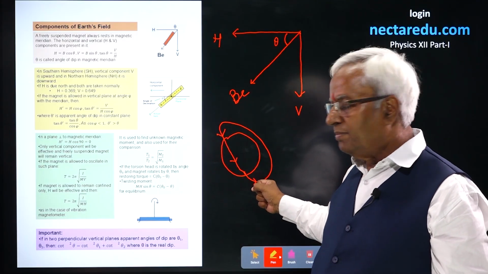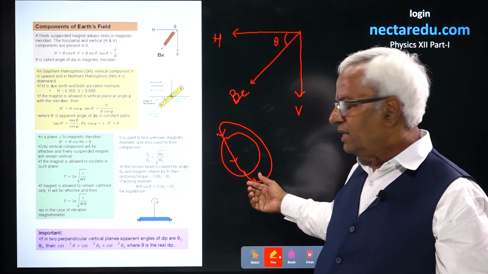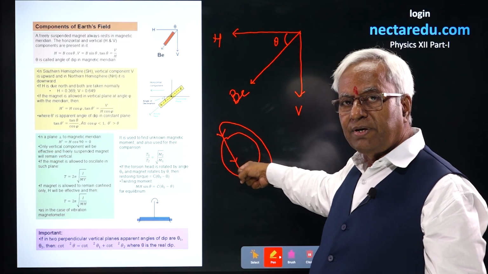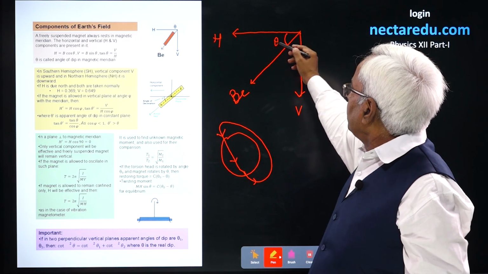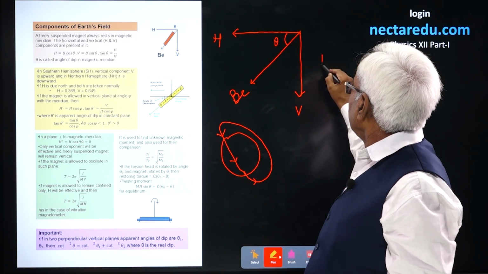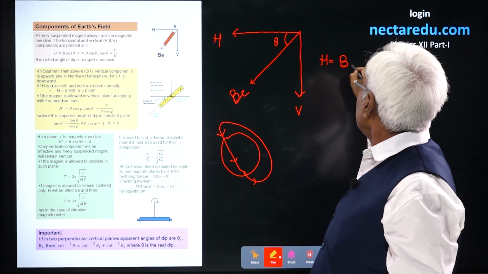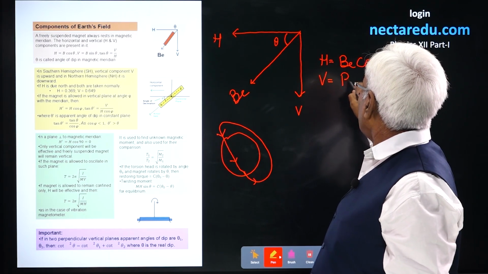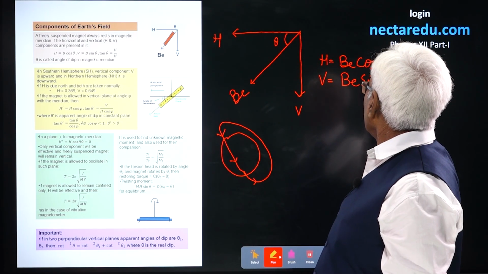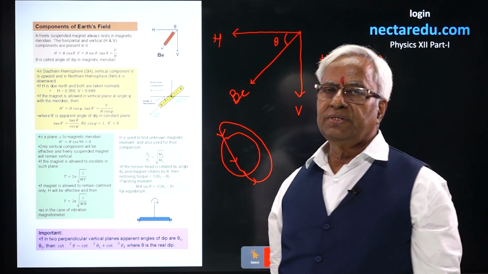In the southern hemisphere, near Antarctica, it's always going to be vertically upward. This is the angle of dip. H will be BE cos theta, and this vertical component will be BE sin theta.